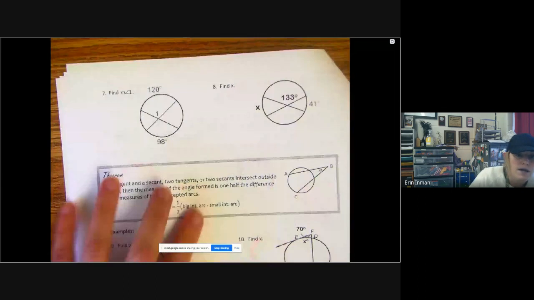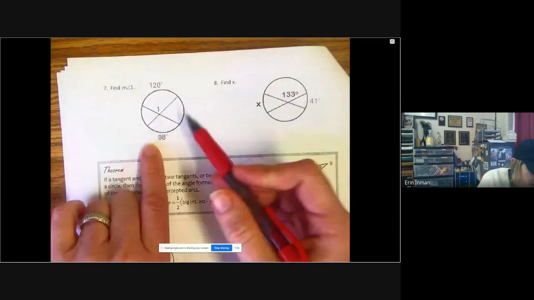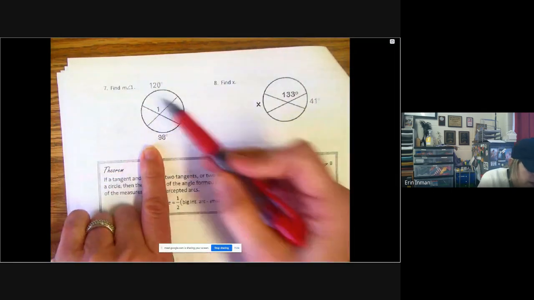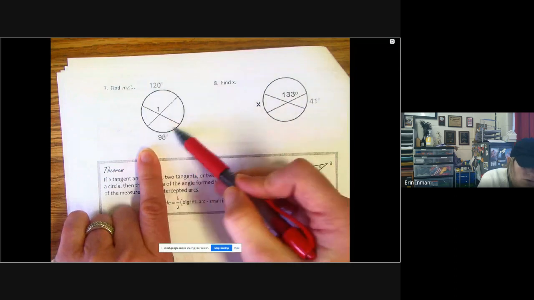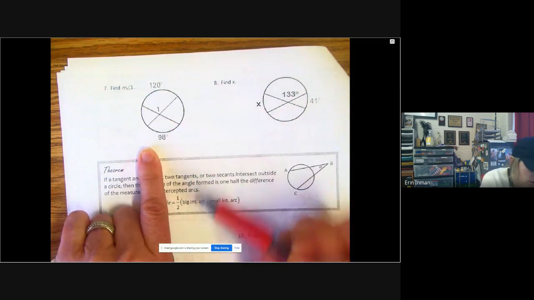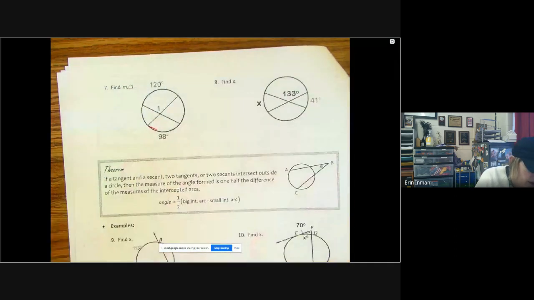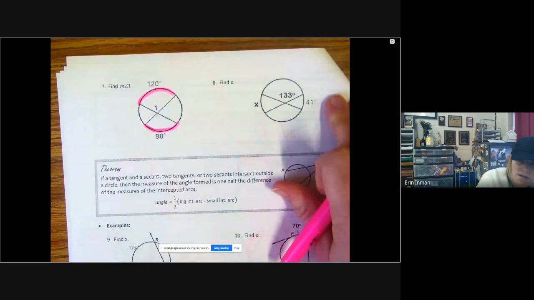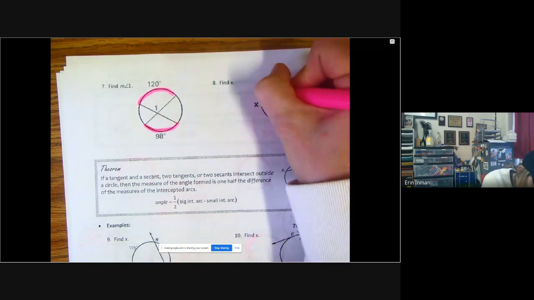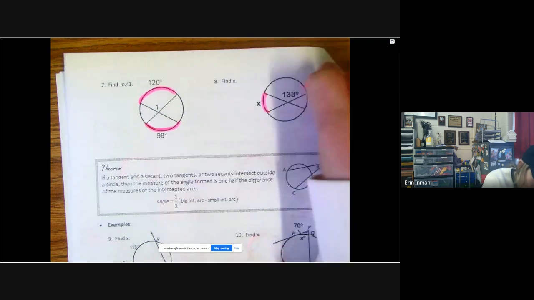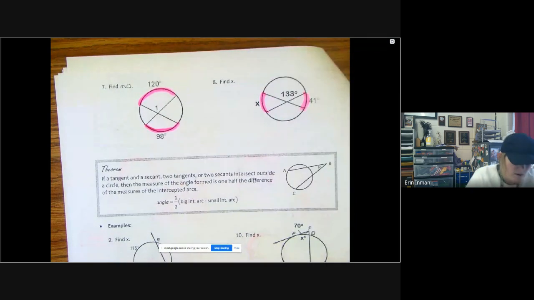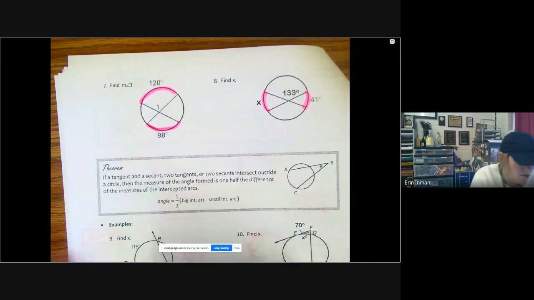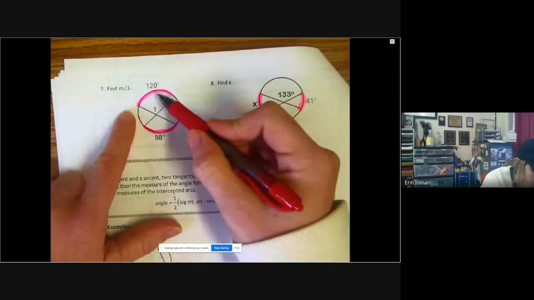Okay, so looking on the back here, her last two examples. If we're looking for angle 1, we can see that we have the two arcs that are intersecting from the vertical angles. And in this case, we're looking for an angle. I like this one because this is what we're looking for right here, and I have that arc right there. All right, so let's take a look at these examples. This one's pretty easy.